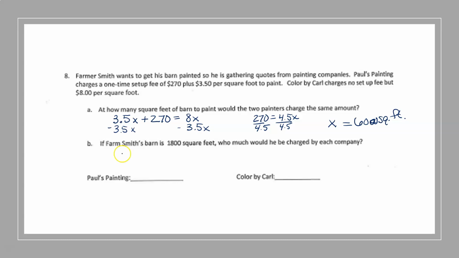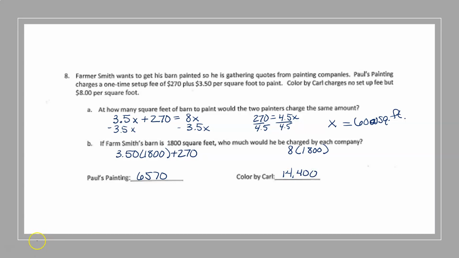So Paul's, we said, was 350 times 1800. Here, we want to know what would be charged by each company, plus 270. Paul's would be 6,570. And if you take Carl's, he's 8 times 1,800 square feet. He's 14,400 bucks.